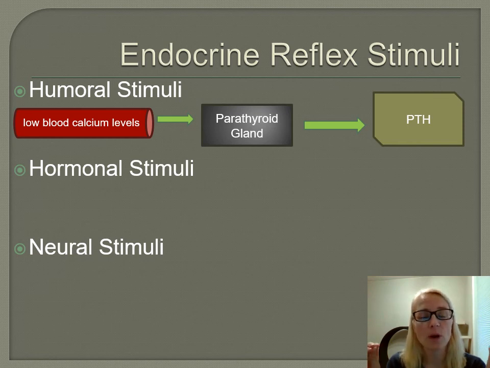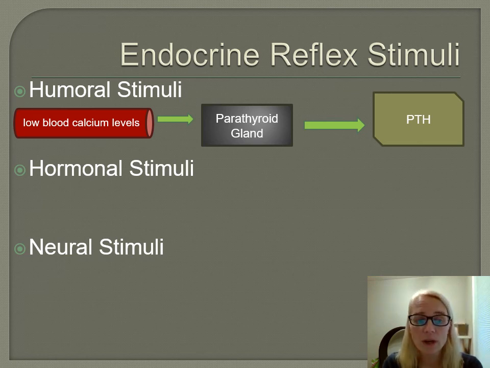So when you have changing blood levels of something, that is called a humoral stimulus. This is true for blood calcium, blood sodium, blood potassium, pretty much all your blood levels of ions. Blood pressure and blood pH could also be considered humoral stimuli that might trigger the release of hormones based on the blood composition.